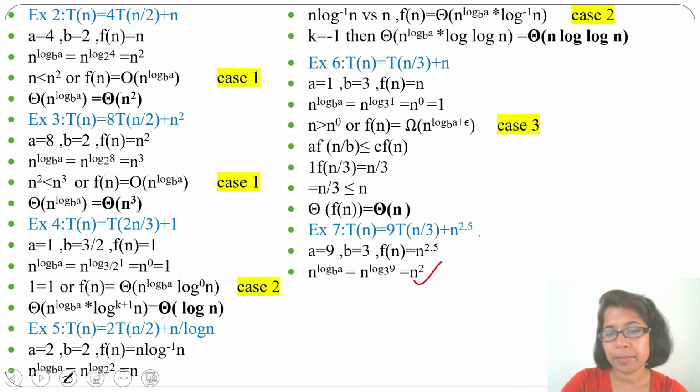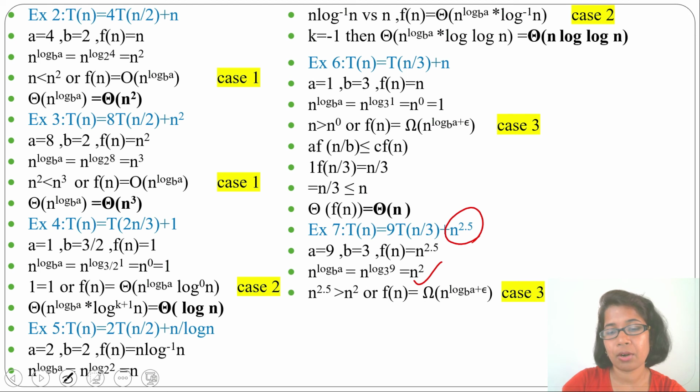Next we need to compare n power 2.5 and n square. Obviously n power 2.5 is higher than n square. So the function is higher than n power log a base b, and you can say Fn equals omega of n power log a base b plus epsilon. It comes under case 3.